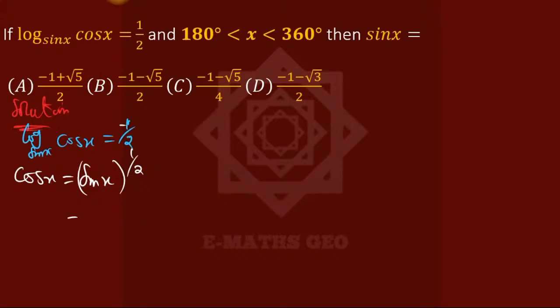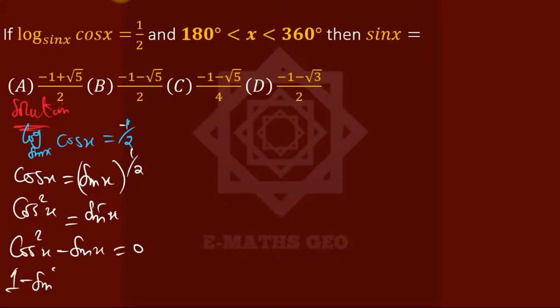And now squaring both sides so that it will remove the half as reciprocals. Now, again, let's just move sine to the other side, it becomes minus. So from our Pythagorean identity, cos squared is 1 minus sine squared.